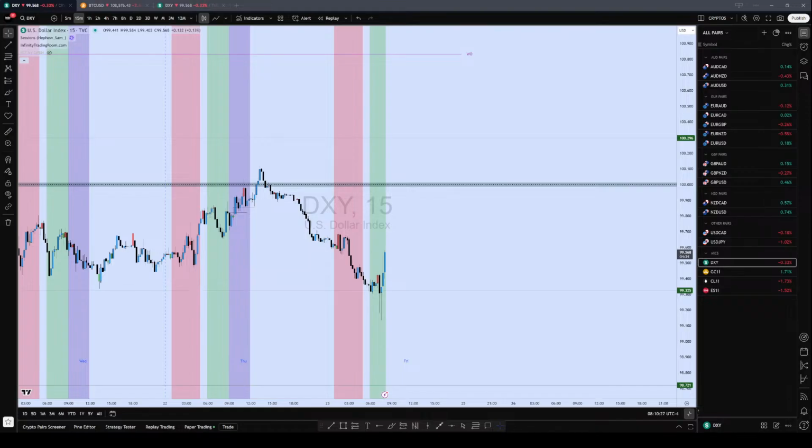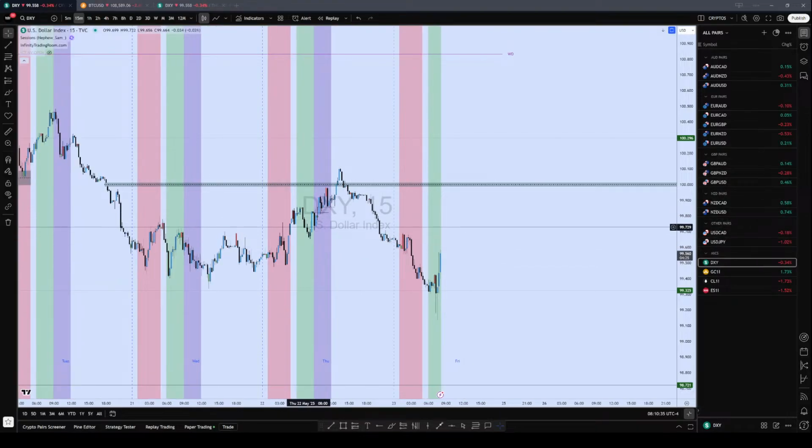So as I was saying, we had a wonderful trade yesterday. Dollar index, after rejecting that pullback, and I mentioned that during the purple time, you want to look for a fair value gap to form, an order block to form, and then take you up there.